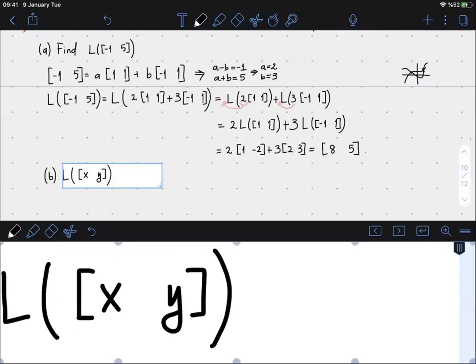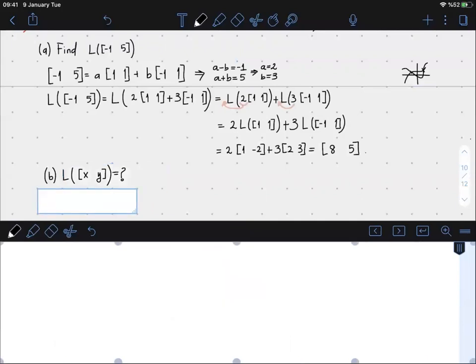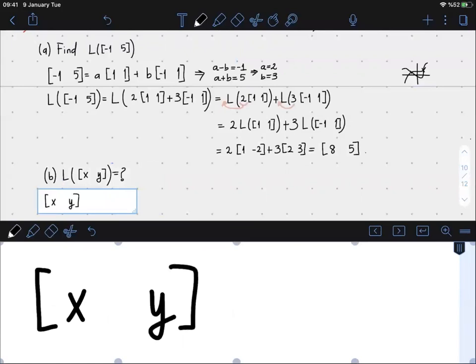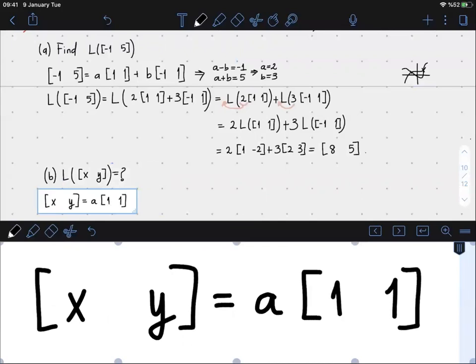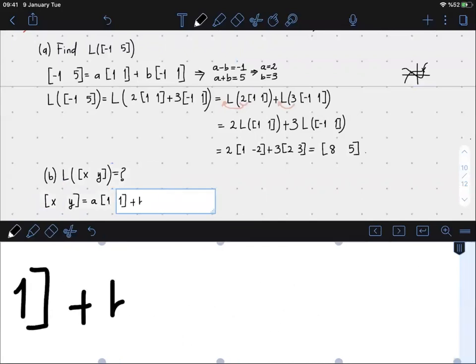This time I will repeat myself. Instead of specific numbers, I want to find a and b for arbitrary vectors. So let's write the same equations.